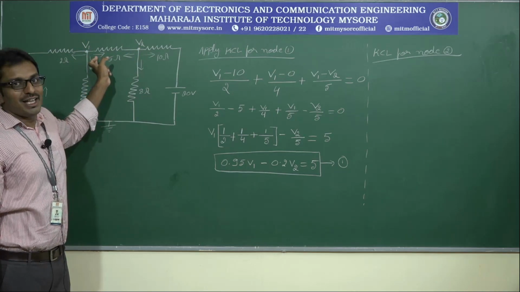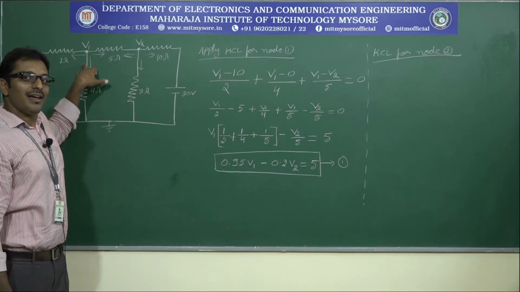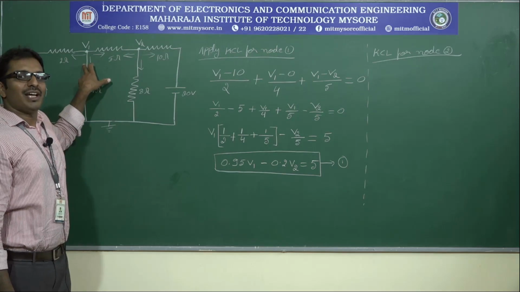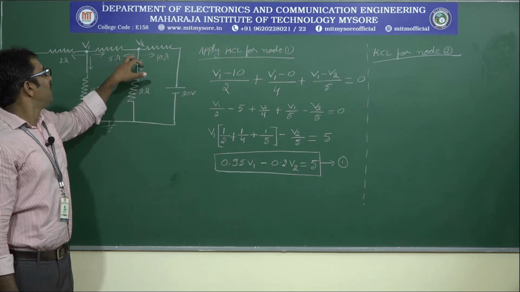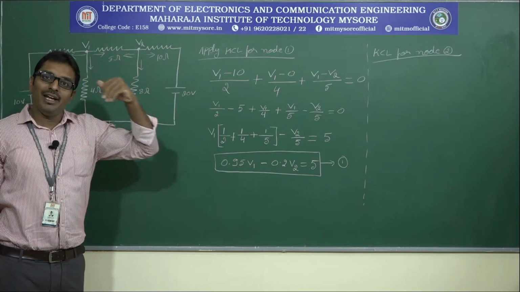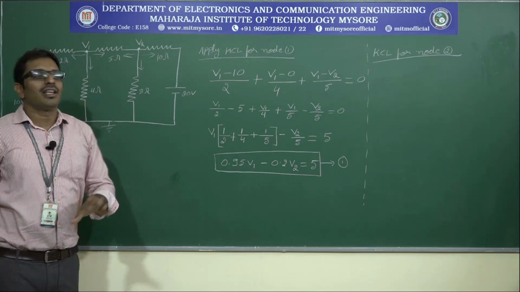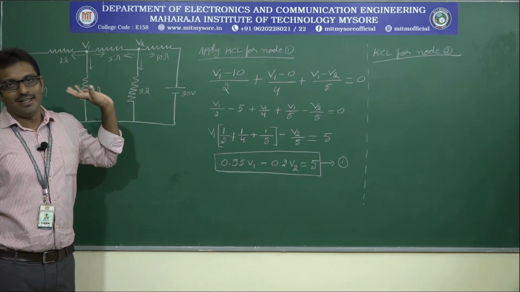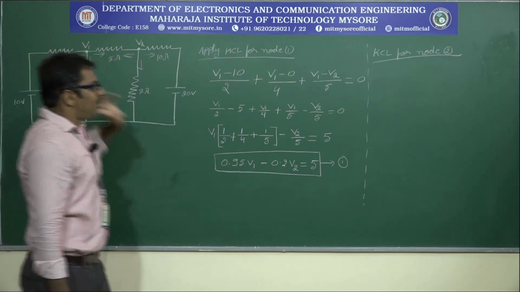In the previous case, we applied KCL for node 1. That time we considered node 1 is higher potential, that's why current flowing from V1 to V2. Now it is from V2 to V1. Later, after finding the value of V1 and V2, we will come to the conclusion whether the current is flowing from V1 to V2 or V2 to V1. Is that clear?